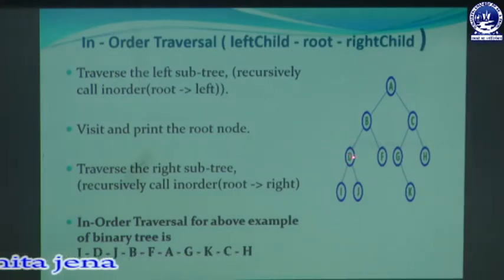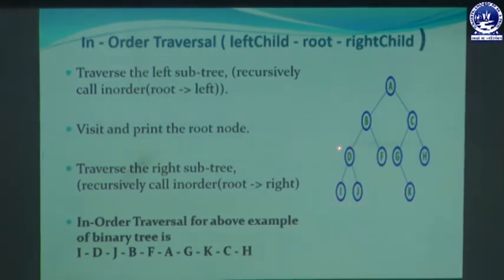Then, according to the algorithm steps, after visiting the left subtree and the root node, we will visit the right subtree. At the right subtree the node is J, so J will be visited. After visiting J, you can see this subtree is completely visited. That means the left subtree of node B is completely visited.